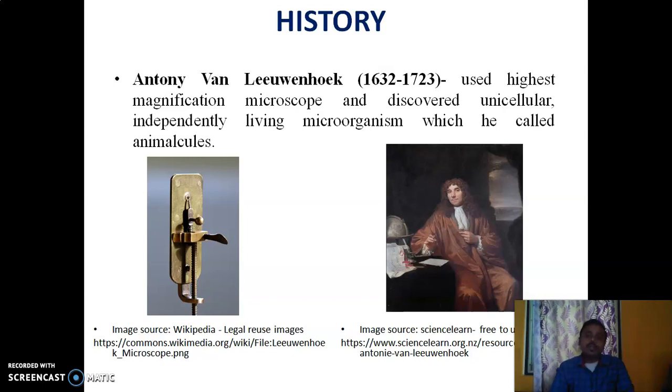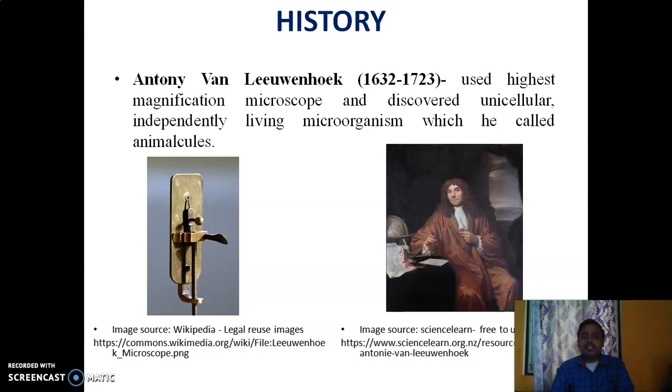The second scientist we need to know is Anton von Leeuwenhoek. Anton von Leeuwenhoek was the person who first observed a living microorganism under the microscope, and he used a magnification microscope and discovered the unicellular independently living microorganisms, which he called animalculous, because at that time the term microorganism was not coined yet, so he just referred to them as animalculous.